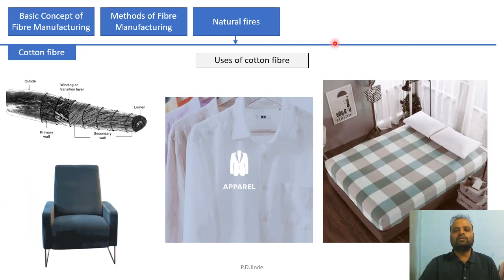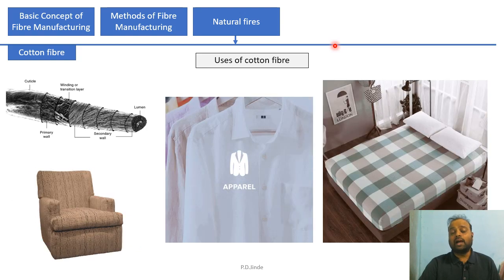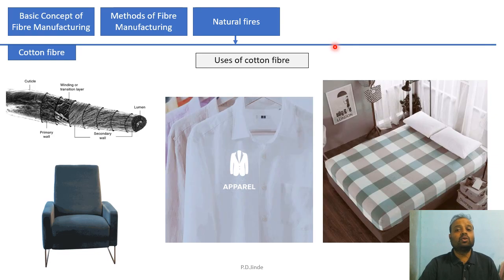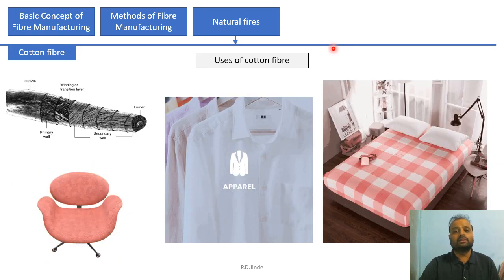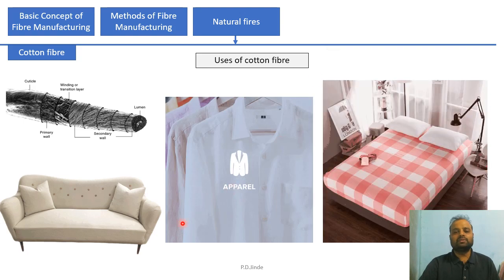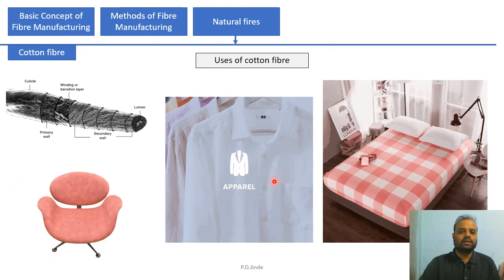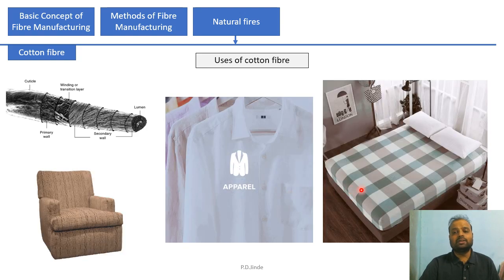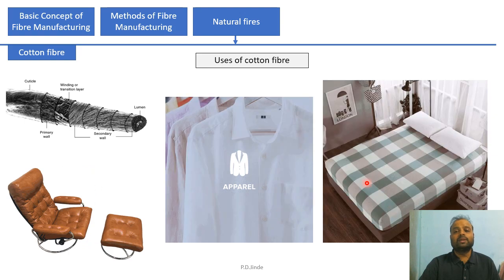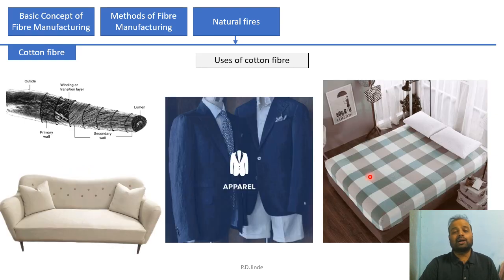Uses of a cotton fabric are making the outfits, outer garments, undergarments, bed sheets, pillow covers, upholstery, curtains, tablecloths, and many more. Right in front of you, there are certain examples. The first one is upholstery, second is a garment, and third one is a home decor, you can say, right? Home textiles, generally curtains, bed sheets, pillow covers, carpets.